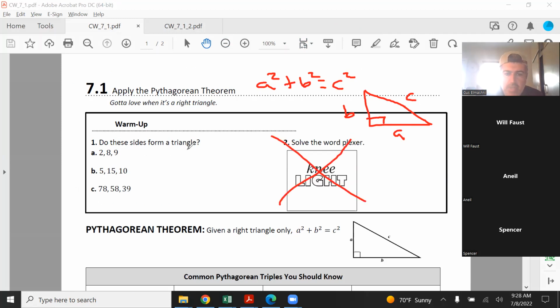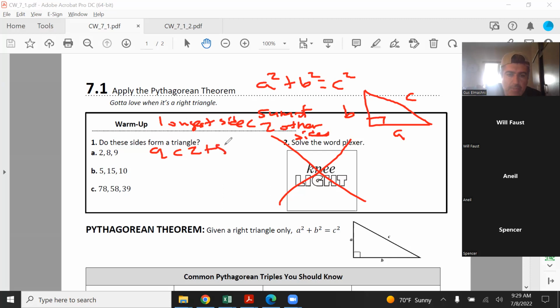Now the first question is, do these sides form a triangle? Remember, the longest side is less than the sum of the two other sides. Very, very important. So 9, is that less than 2 plus 8? You bet. So yes.